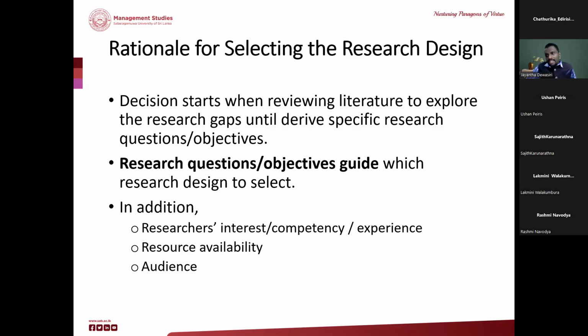I'll give you an example. If you have a research area or research topic at hand, the first thing you should do is a literature survey. You should do a literature survey with regard to the area or topic you are investigating.